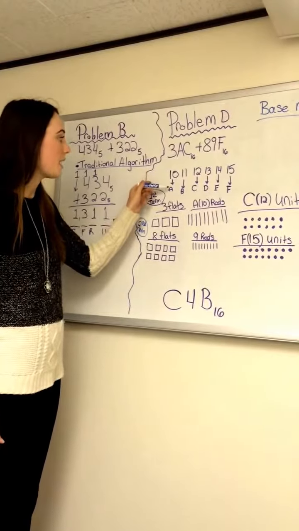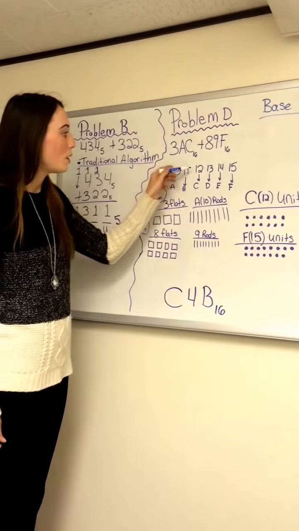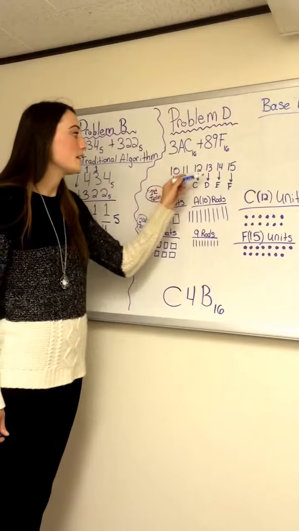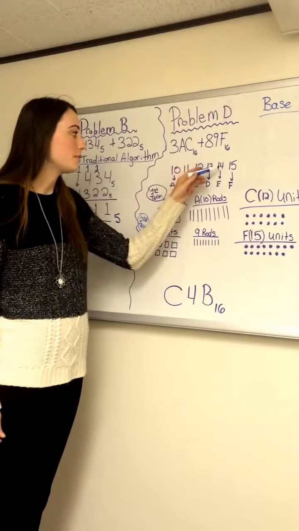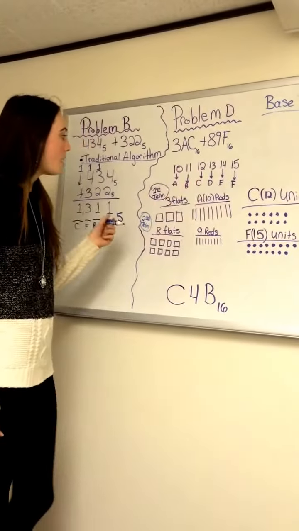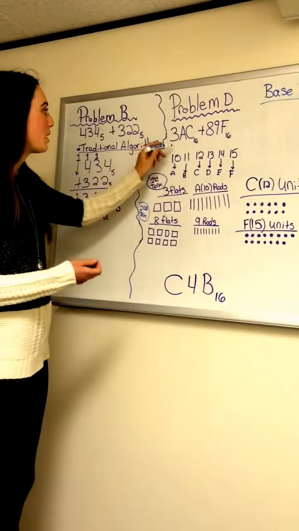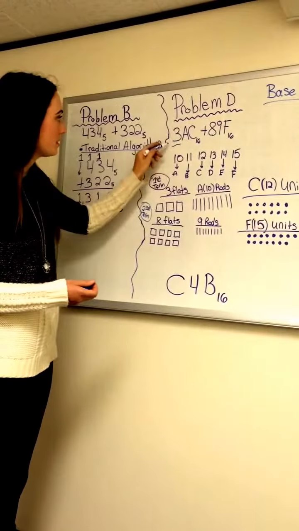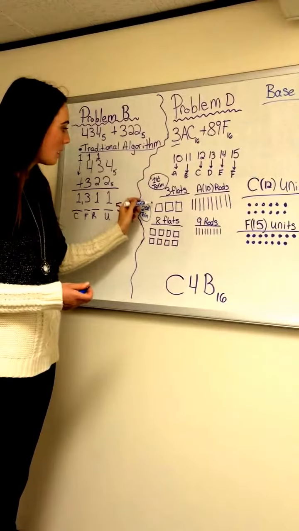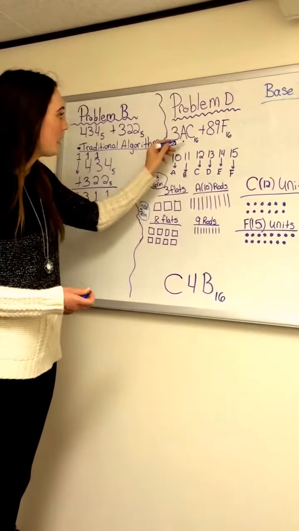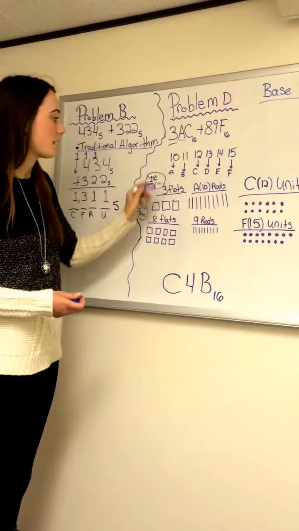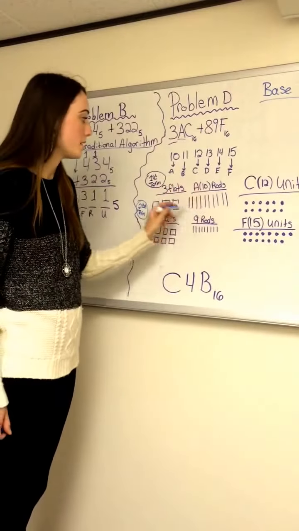So 10 is A, 11 is B, 12 is C, 13 is D, 14 is E, and 15 is F. So what we're going to do is we're going to build our first term. So as you can see, we have 3 flats in our first term. So I drew 3 flats. A, let's look at A. A is 10, so we're going to do 10 rods here.